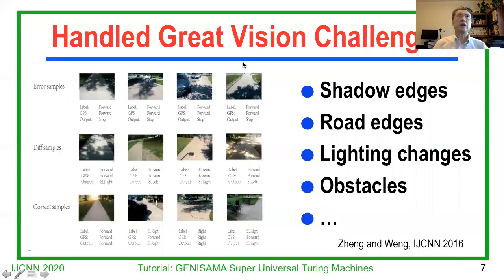You can see that you may have shadows. If you just look visually, and if you don't analyze the shadows, a shadow could be just like an obstacle. And you may have cast light problems, and you may have bad lighting directions.